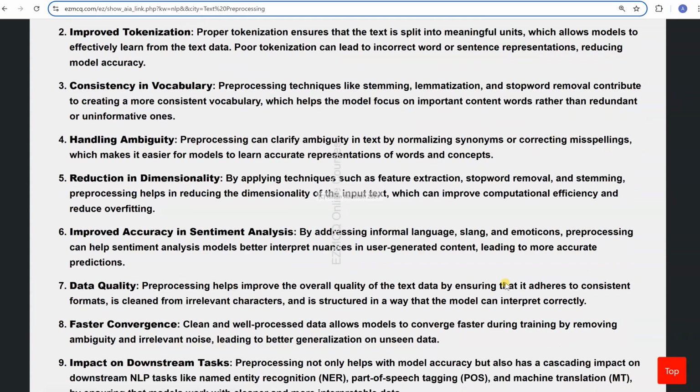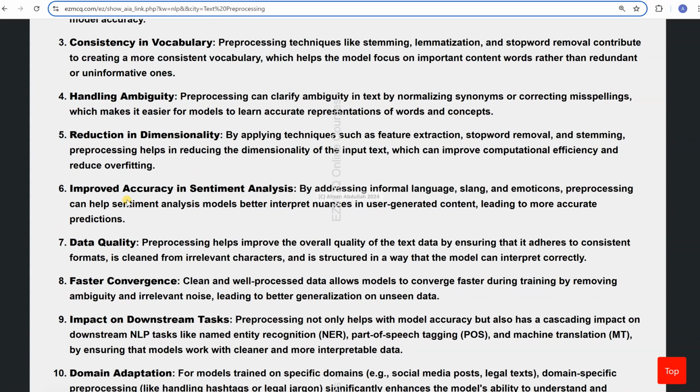For example, in the context of sentiment analysis, when we remove informal language, slang and emoticons, pre-processing can help the sentiment analysis model interpret the nuances better and generate better results, leading to more accurate predictions.